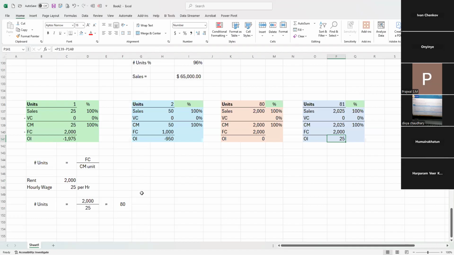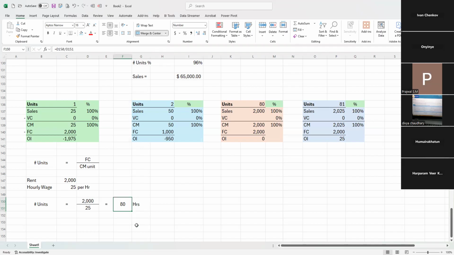Now, if I know that 80 is the hours that I need to work to get to the break even, what else can I do? I can check how many days I need to work.